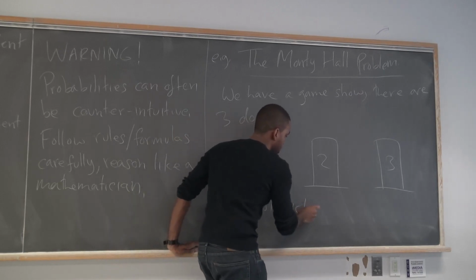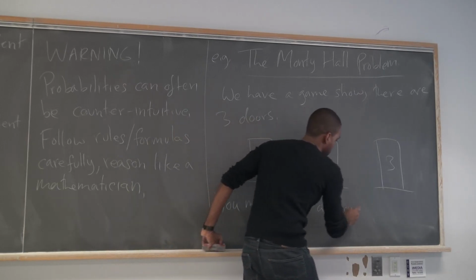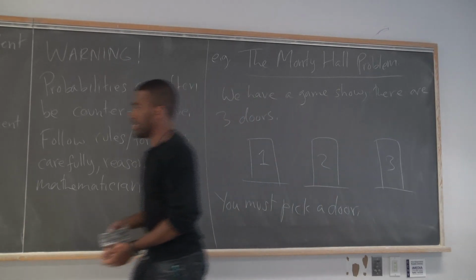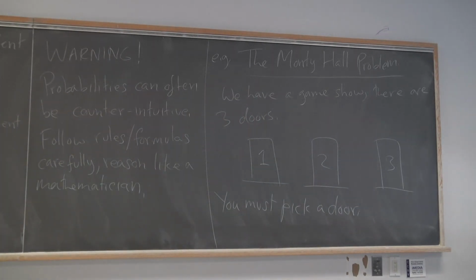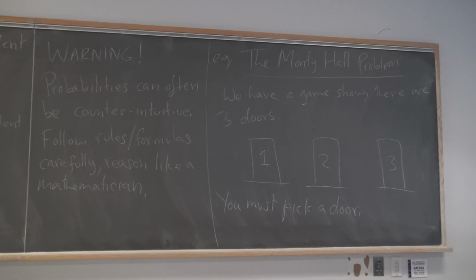You must pick a door. Whatever door you pick, you get the prize that's behind the door. So the trick is, behind one of the doors is a car. Behind the other 2 are goats.